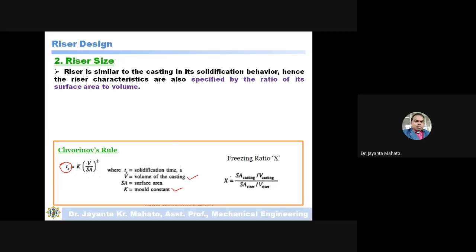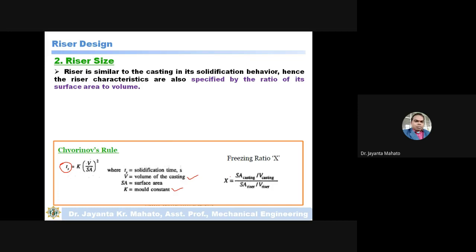If you make the riser size bigger, then obviously more excess material will flow to this riser, and this excess material is nothing but scrap, apart from the cast product. So it should not be too big and not too small.